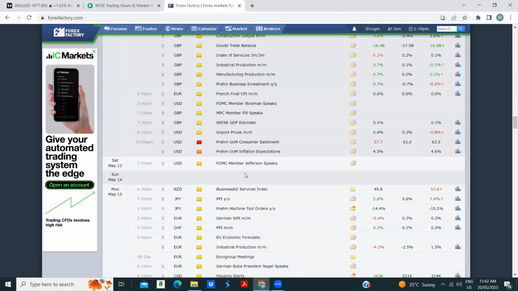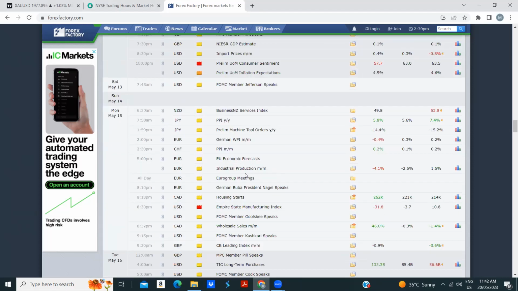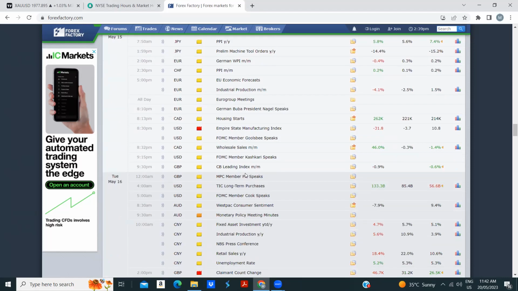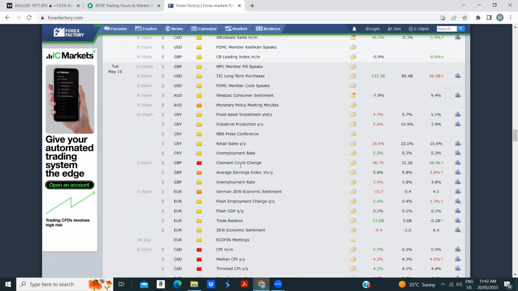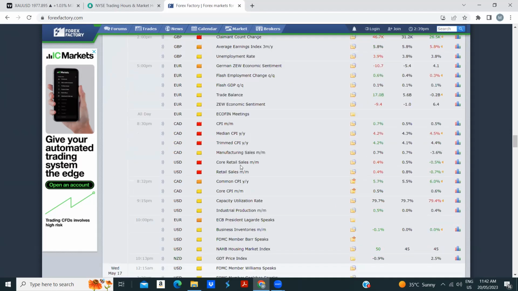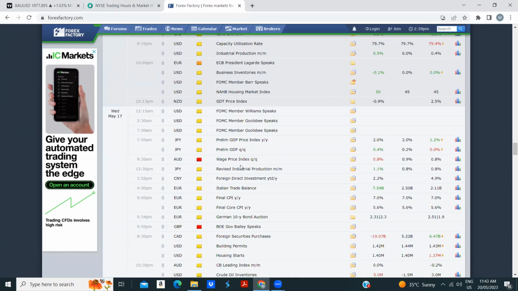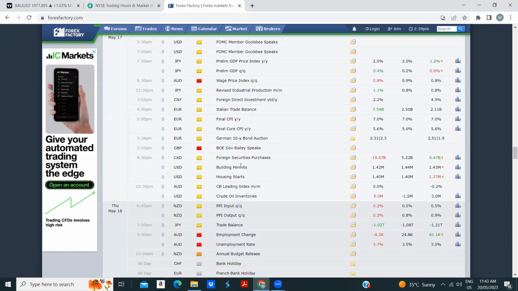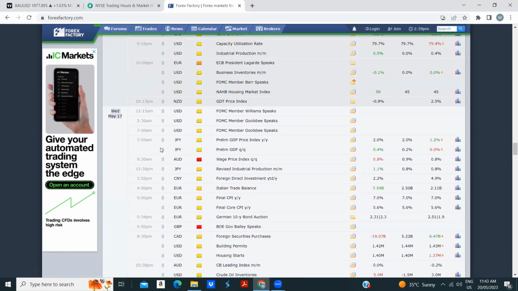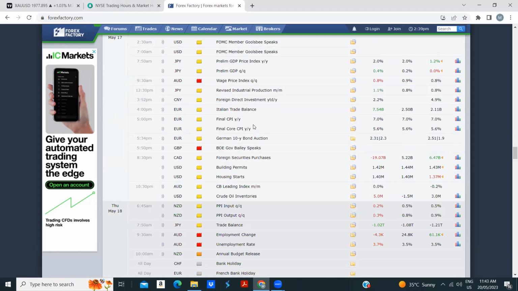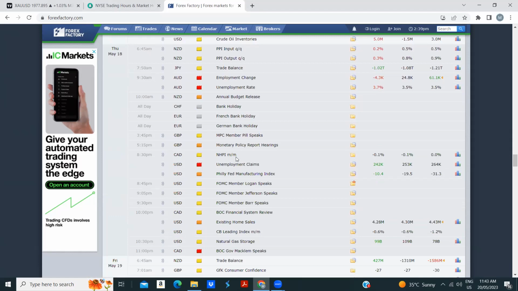And then you can see these are not important. Crude oil inventories again. And it occurs on every week's Wednesday.